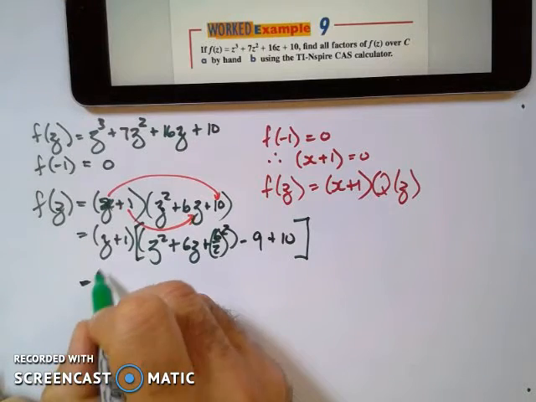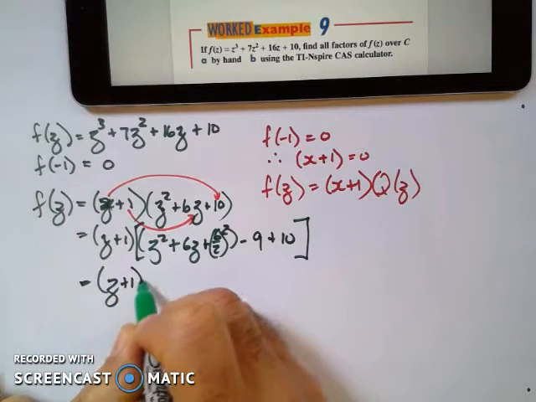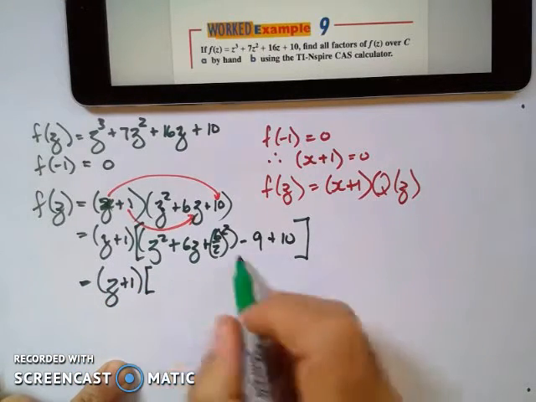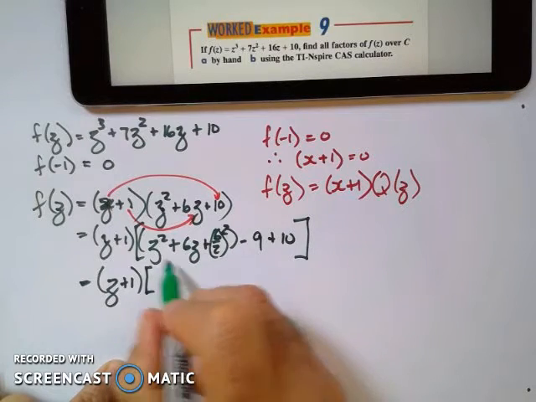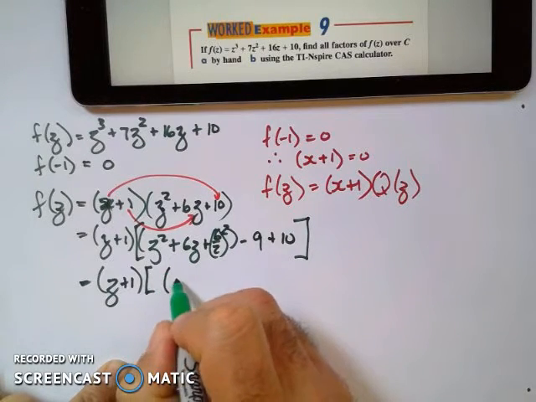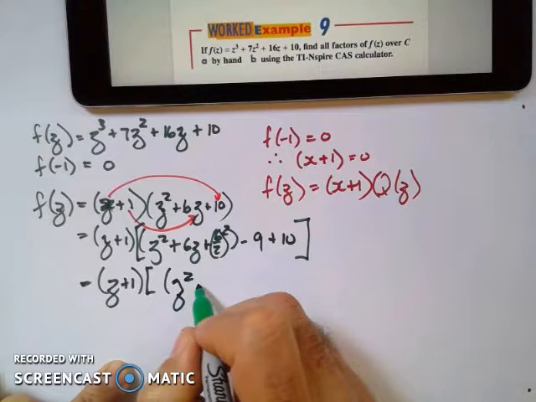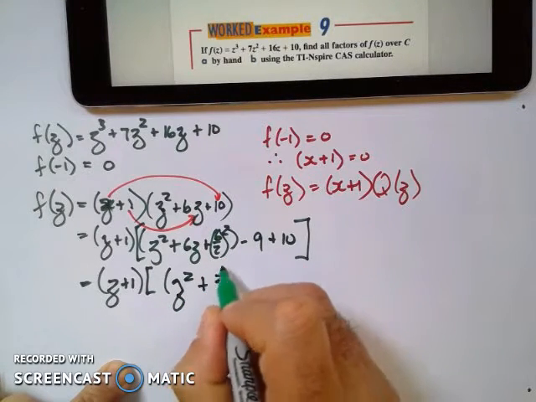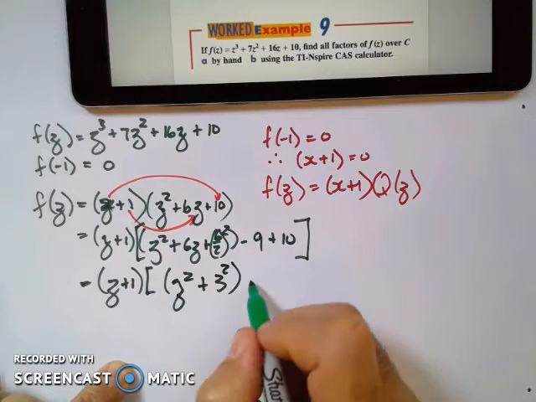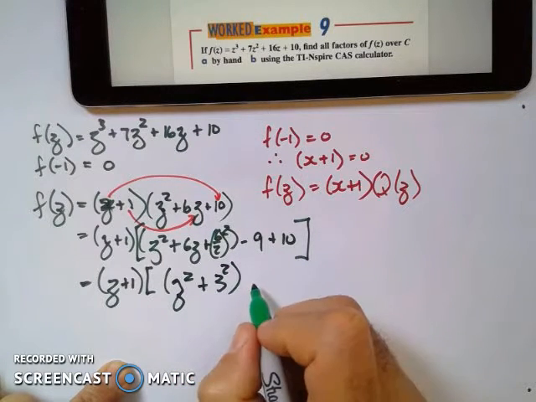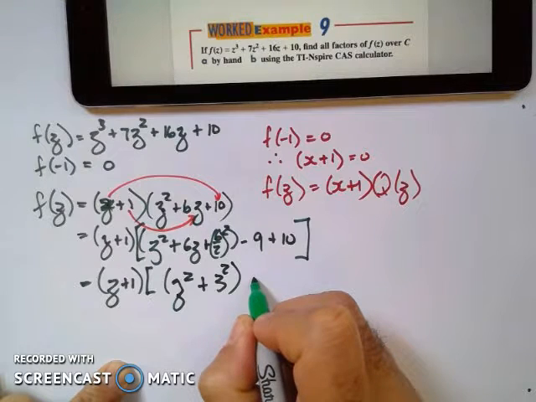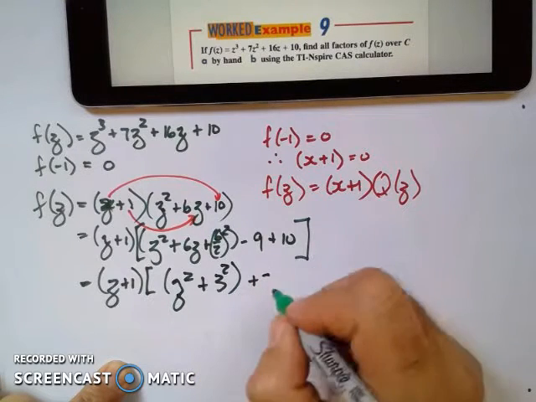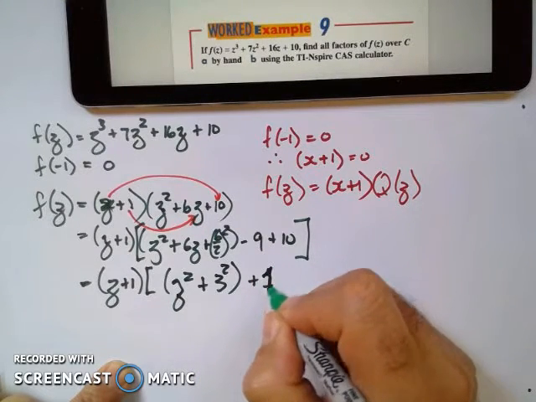I'm just going to complete the square. Z plus 1, and this is going to be z plus 3 squared, and minus 9 plus 10, which gives me plus 1.